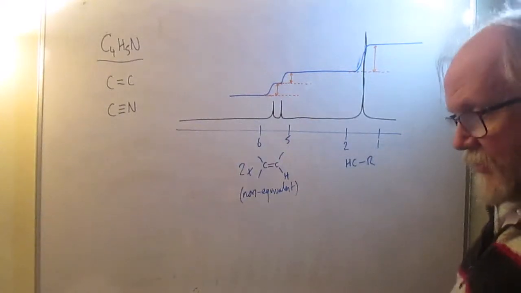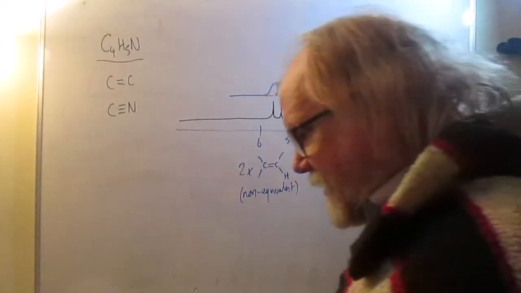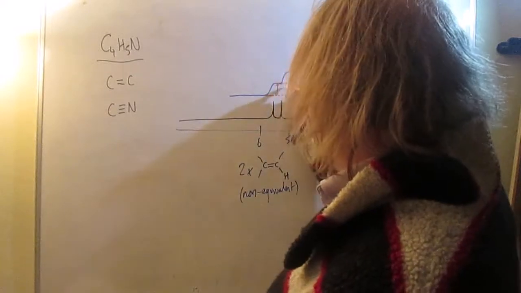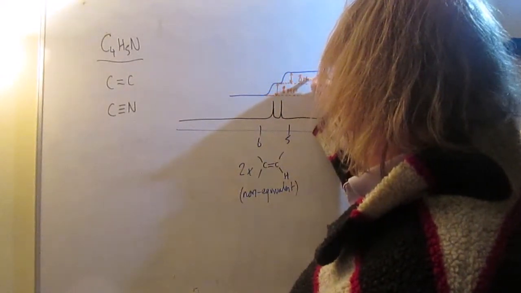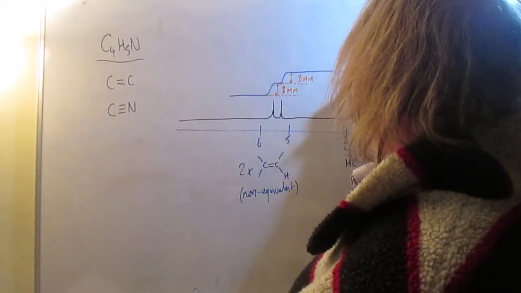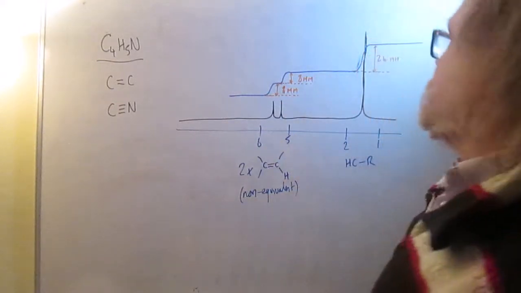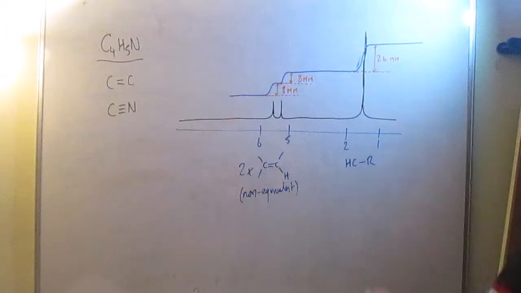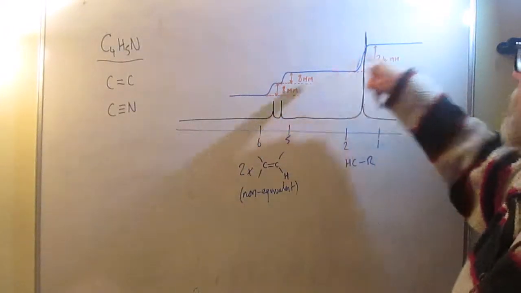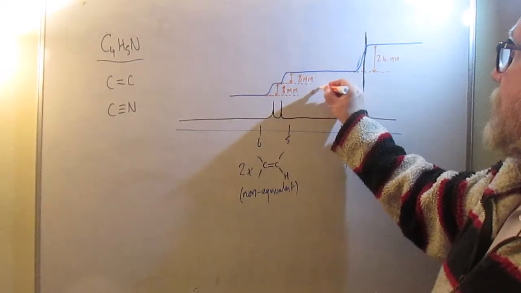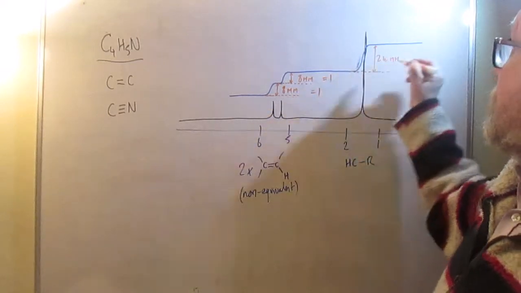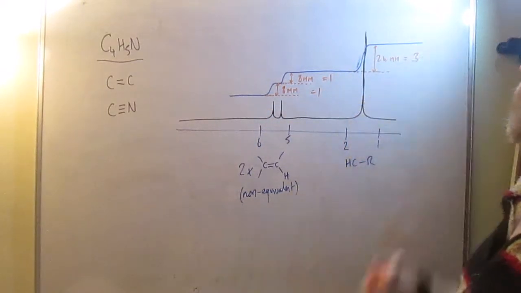Okay, and you just measure them in millimeters, so you're going to get something like about 8 millimeters and 8 millimeters and 24 millimeters. And what you do is you just look at what the ratio is, 8 to 8 to 24. Well, if you divide them all by 8, that means that you have relative areas of 1 and 1 and 3.